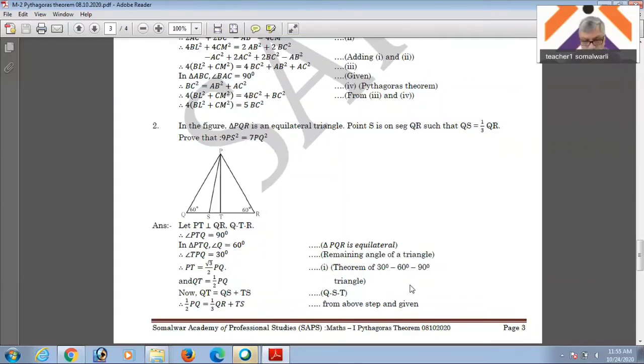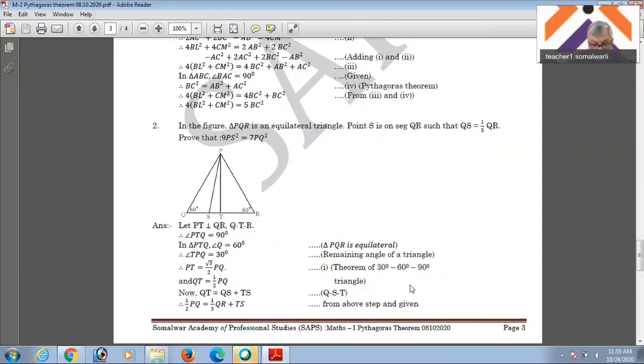Why? Because 60 plus 90 is 150, remaining angle is 30, that is sum of the angles of a triangle. Now, one angle is 30, one is 60 and one is 90. So we can apply the 30, 60, 90 theorem in that PTQ triangle.